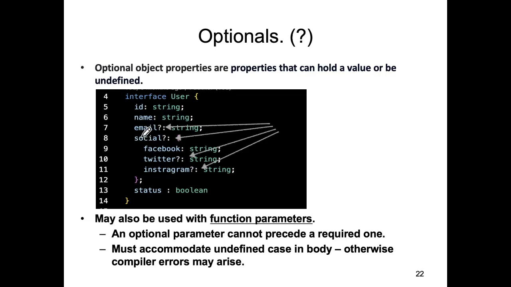Also, users optionally have a social property, and the social property is made up of a number of sub-properties. The way you interpret it is that if a user does have a social property, then inside that social property there must be a Facebook property, and optionally there can be Twitter and Instagram properties, but it must have this one. And finally, there's a status property, which is mandatory.